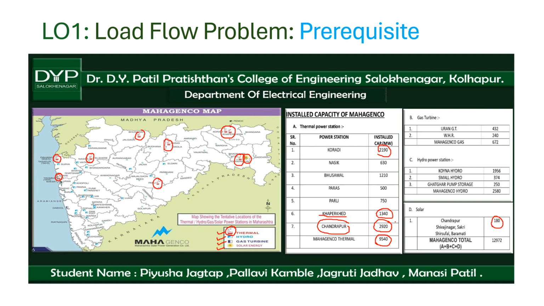Similarly, we have hydel power stations. The total hydel capacity in Maharashtra is 2,580 megawatt, and the major generation is from Koyna Hydro, which is 1,956. So where is the Koyna power plant? It is over here. Apart from that, we have gas turbine; there are two units.